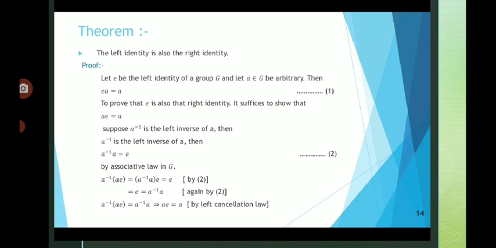So every left identity is the same as the right identity.